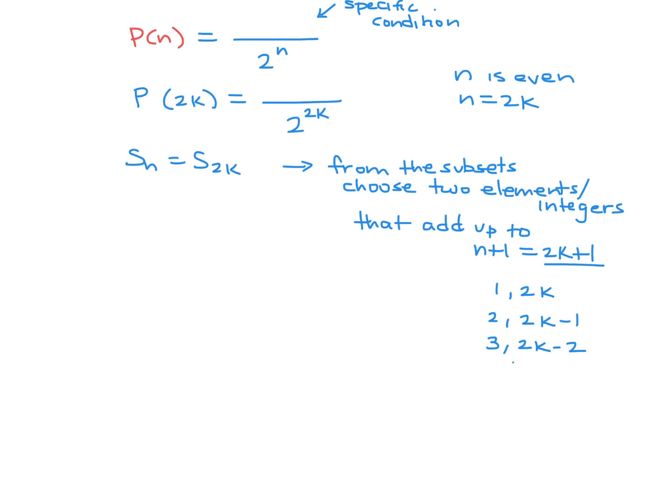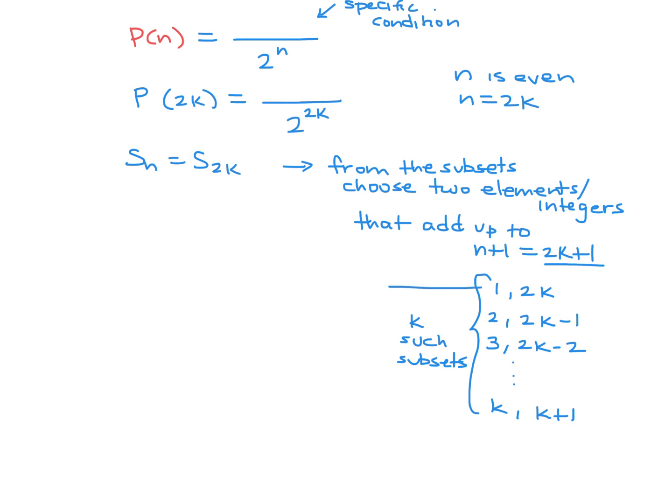So all the way dot dot dot until you get to k and k plus 1. So that would be the full sort of possibilities. And this is obviously, if you're going from 1 all the way down to k, there's k such subsets. Correct? Okay.